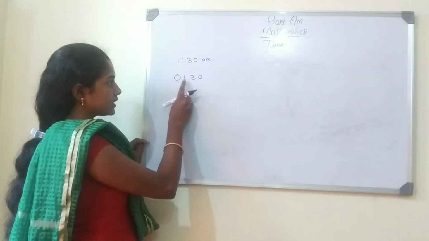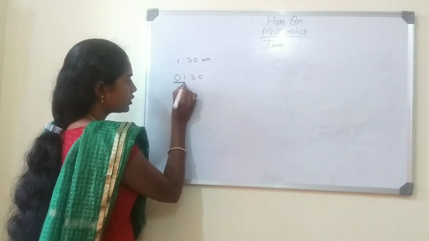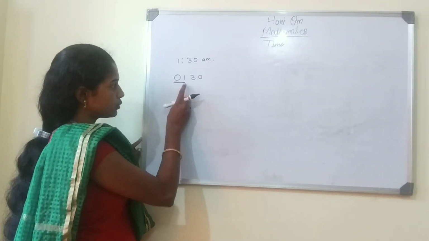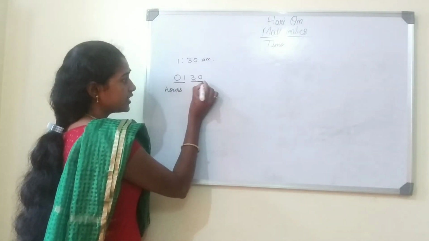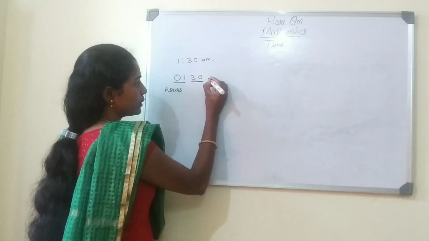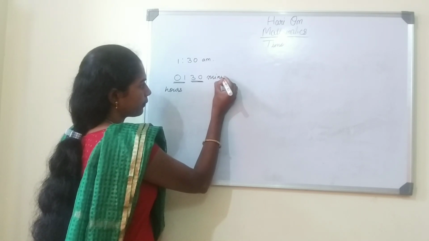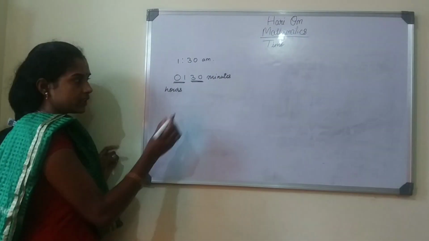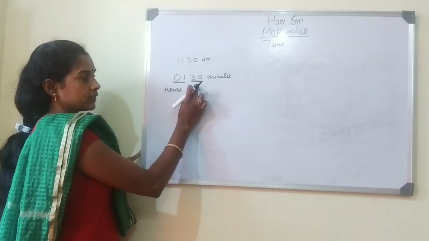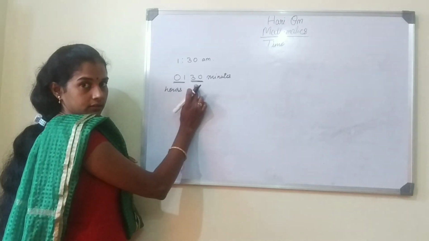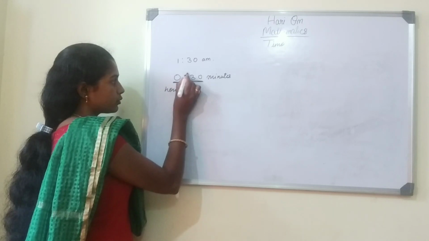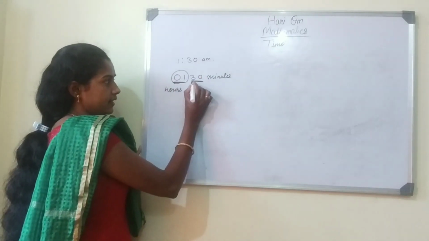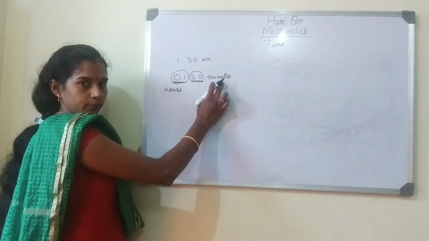Can you see here? It is 0130. So first two numbers will be hours, and next two numbers will be minutes. Okay, children? So we read it as 1:30. First two numbers will be hours and next two numbers will be minutes.